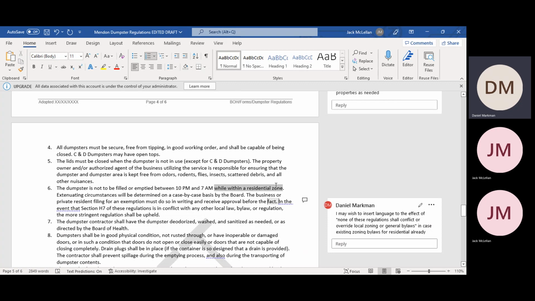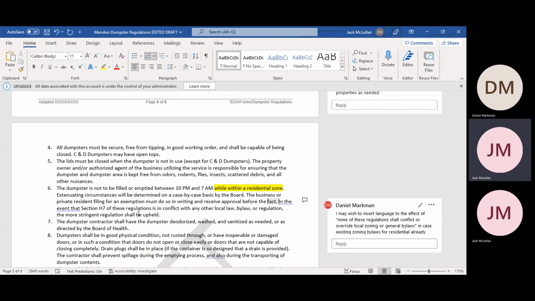According to Mass General Law, you cannot apply limitations like time frames for removal of dumpsters in commercial or industrial zones. You can only apply those limitations for residential. Okay, so after 10 PM and 7 AM while in a residential area? Yes. Right.